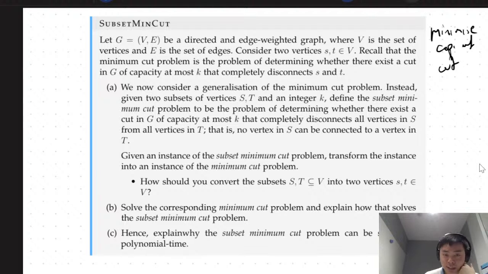Here, we've just turned it into a decision problem to make our lives easier. What we're going to look at is a generalization of this problem, where instead of disconnecting two vertices, we would like to disconnect two subsets of vertices.